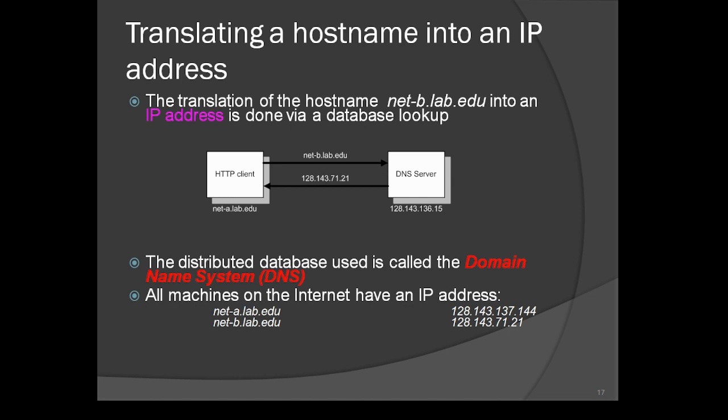All websites and web servers have corresponding IP addresses, and domain names have corresponding IP addresses. In our example, net-a.lab.edu has the IP address 128.143.137.144, and net-b.lab.edu has 128.143.71.21.